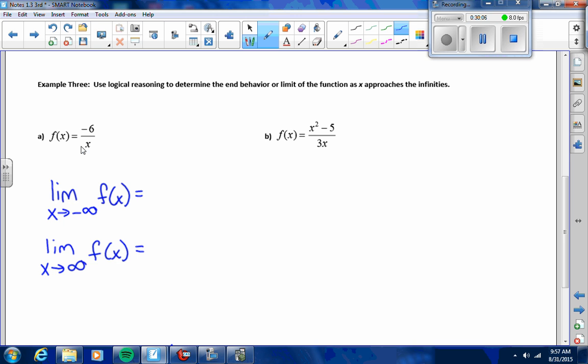So then negative 6 divided by negative 10 is 3/5, or 0.6 as a decimal. So my first point was at 6, and then it's at 0.6. Now let's think about this some more. Let's say x is negative 100. If x is negative 100, now what's the value?